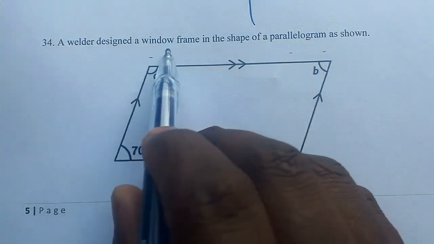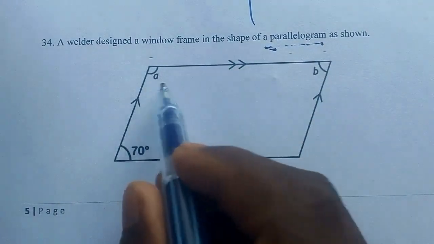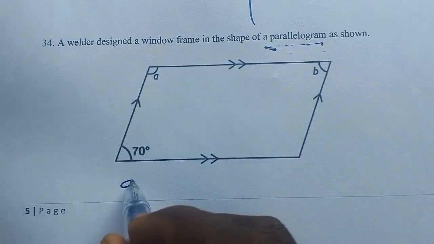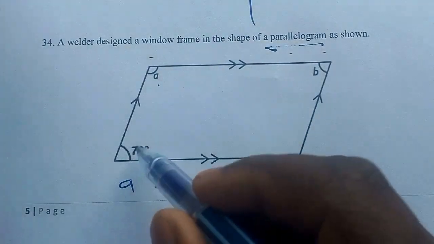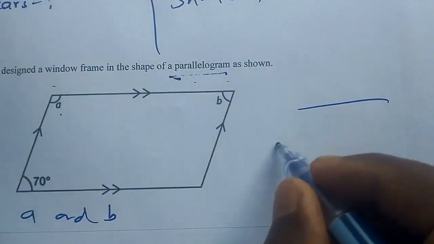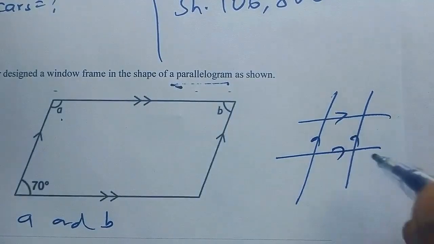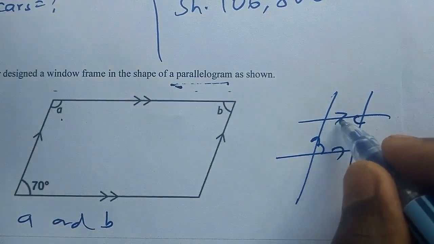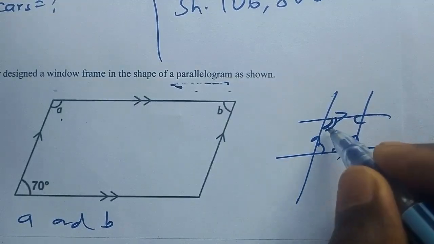A well-designed window frame is shown as a parallelogram. We have angle A, angle B, and this. So the question is find angle A and B. Remember these lines are parallel, so the angle here and the angle here are the same. This angle here is adjacent to this.